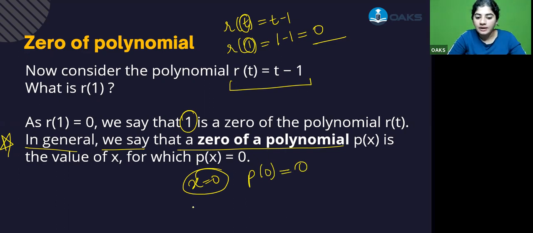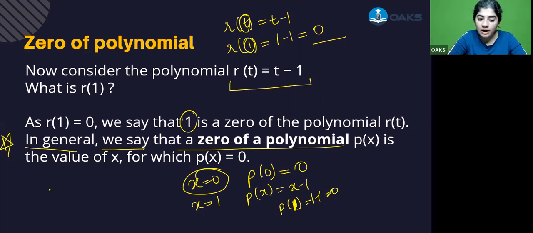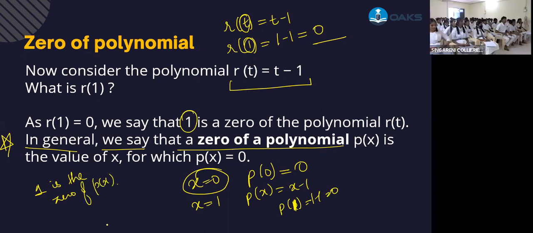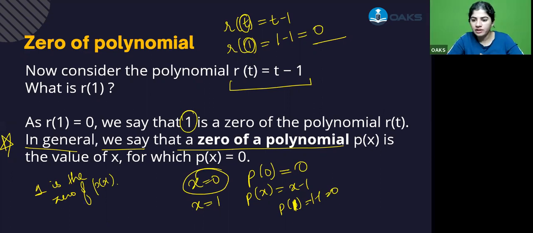Now if we put x is equal to 1 and we have p(x) equal to x minus 1, then 1 minus 1 is 0. So we can say that 1 is the 0 of p(x). Is that correct? Everybody understand this? It's not difficult, right? You just need to practice these things.